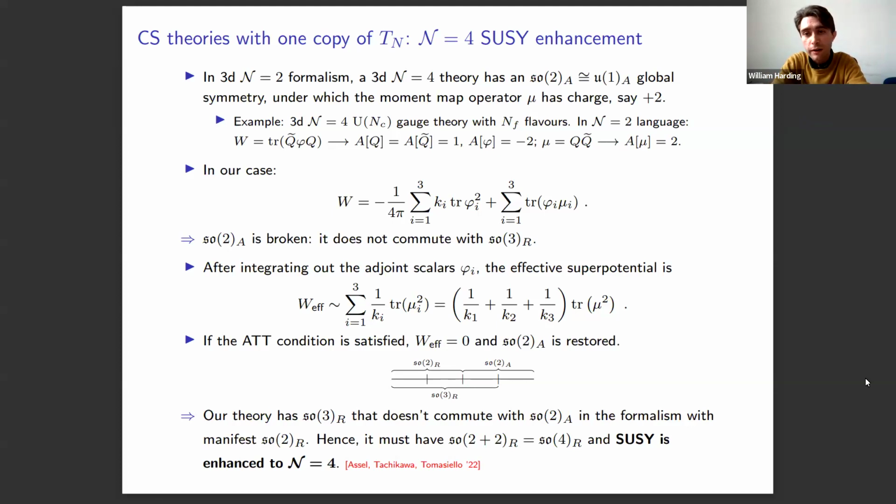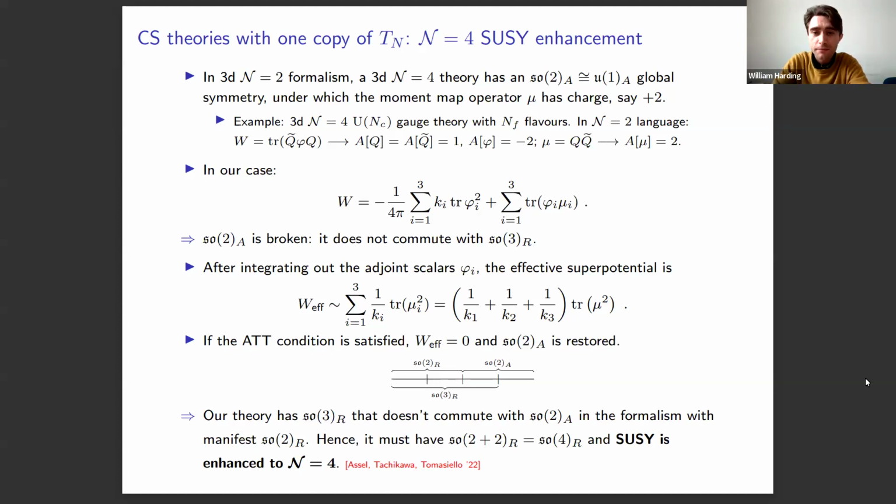Now, in n=2 language, we have the superpotential trace of Q tilde phi Q, where phi is the adjoint scalar, and the Q tilde and Q are the chiral multiplets contributing to this theory. Now, the A charge of Q and Q tilde is taken to be 1, and the A charge of phi is taken to be -2. Hence, the moment map operator mu, which is defined as Q tilde Q, has charge 2.